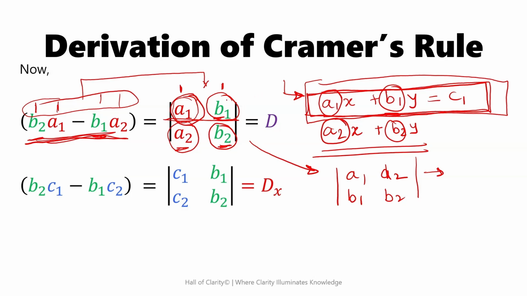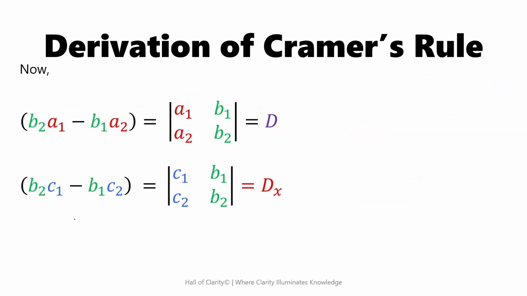Therefore, the coefficients representing an equation must always be written in the horizontal way. So this is the correct way of writing the determinant and not this way. I hope this has given you clarity on how to write the determinants.